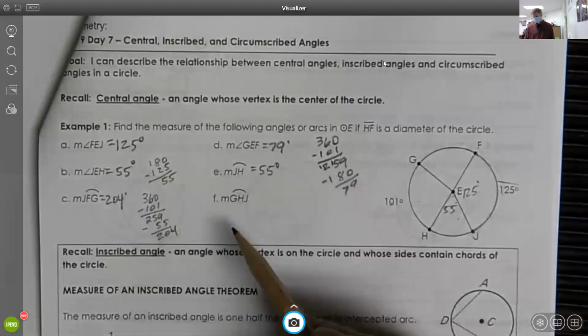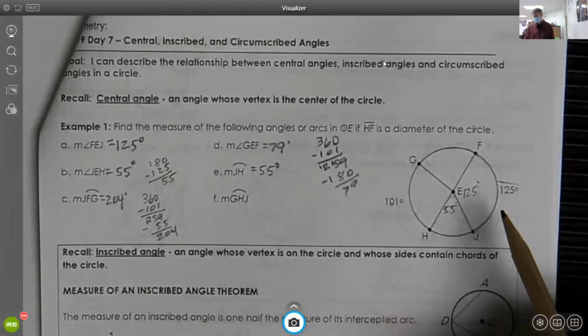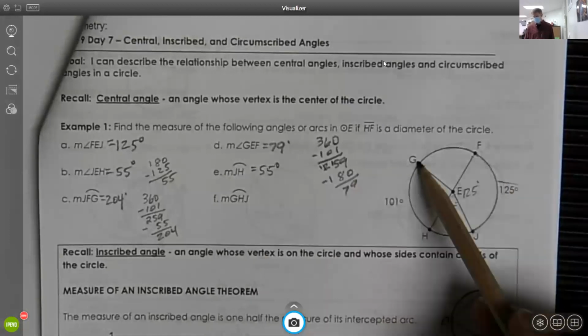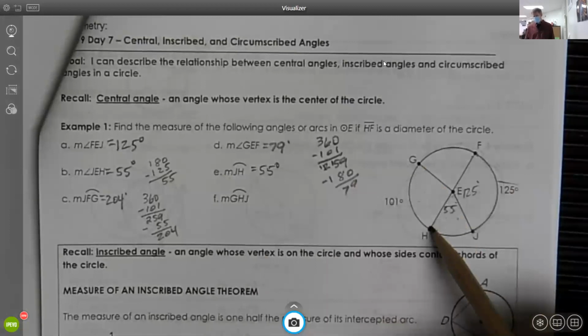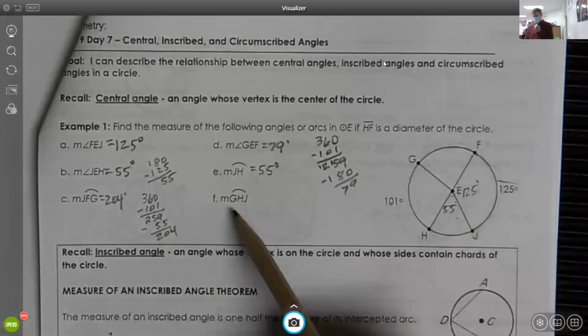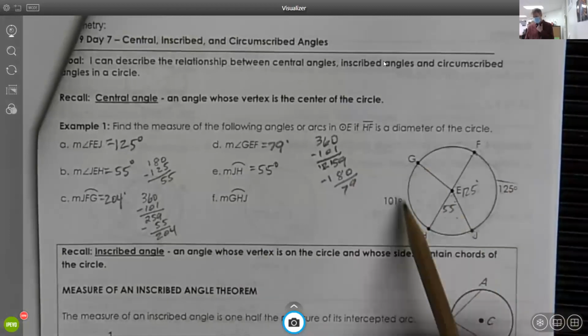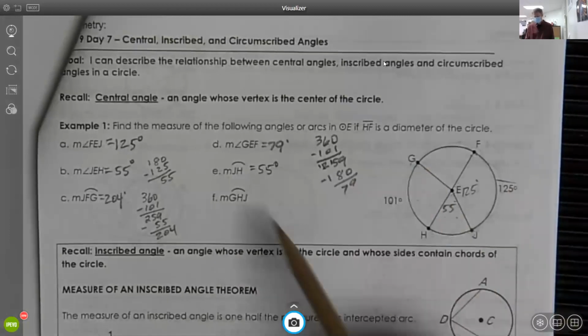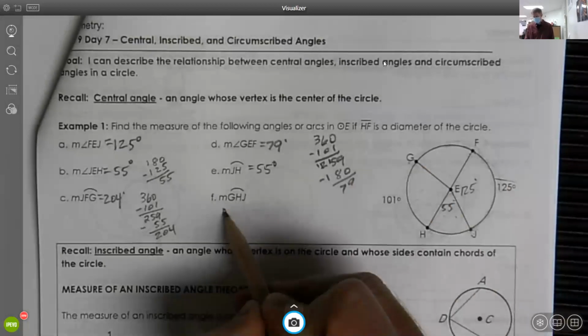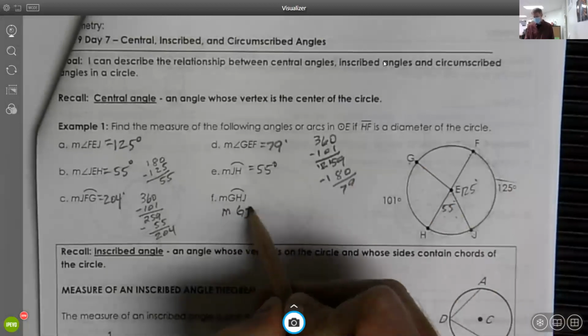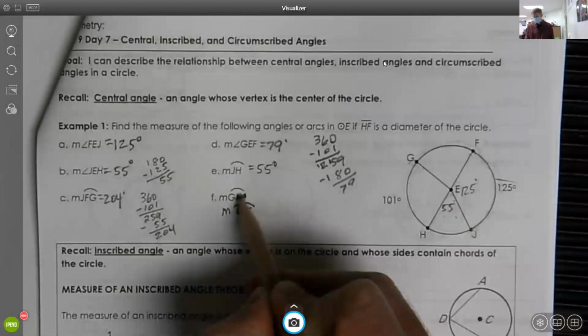And then we're looking at GHJ. Now the notation doesn't seem right here. GHJ is less than 180, so we should really just have two letters there. That's come up a couple times incorrectly.